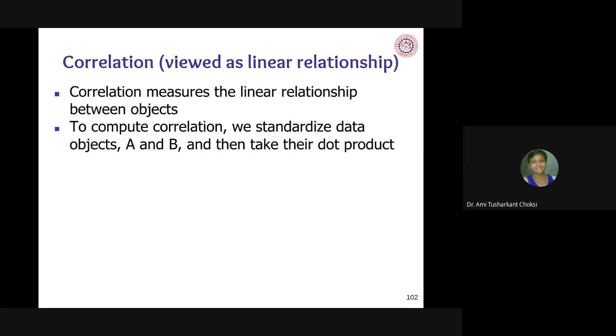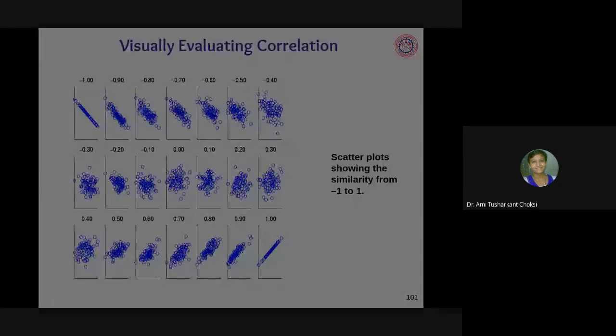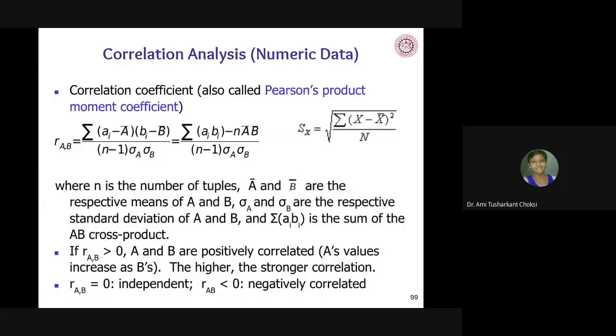So correlation measures the linear relationship between the objects. To compute correlation, we standardize data objects A and B and then take their dot product. Fine. So, how to find it? See, the simple formula is given to you, right?